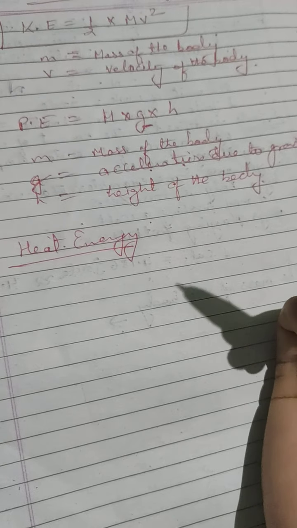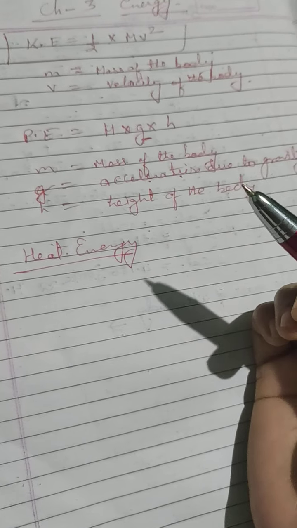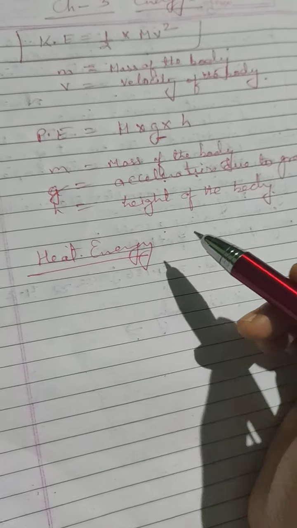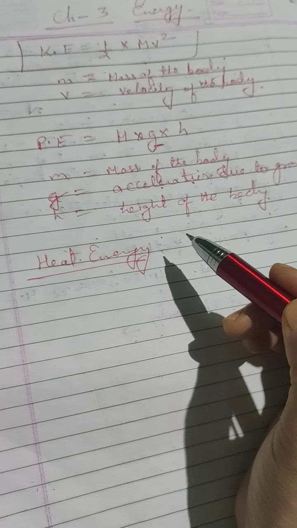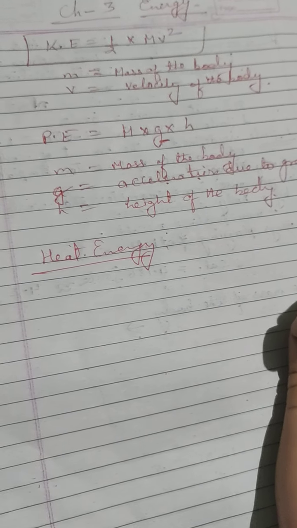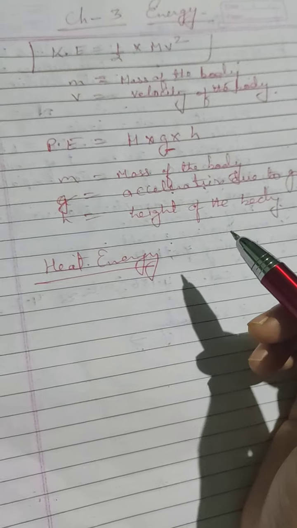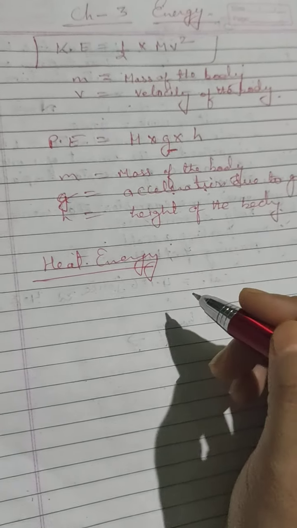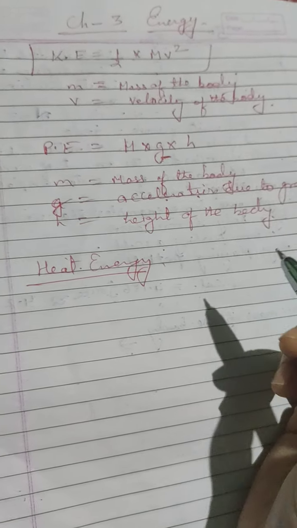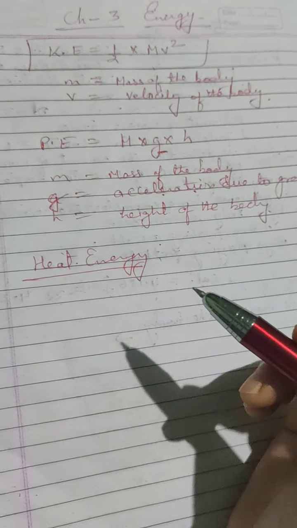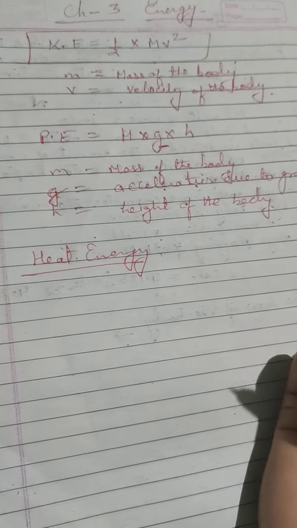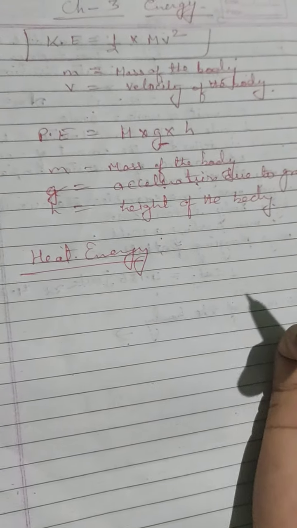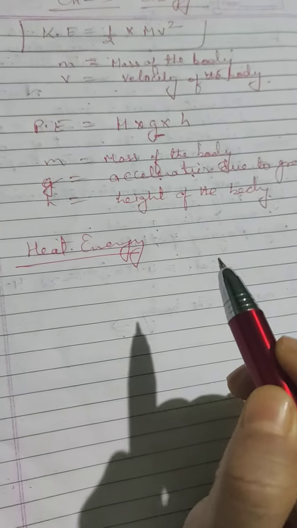When you touch a cold body, you feel cold. So this is a sensation. We get heat energy primarily from the sun, and you know the sun is the main source of energy. Besides, we also get heat energy by burning fuels like wood, coal and petrol. This energy is useful in activities like cooking, generating electricity and running steam engines. The heat energy is also called thermal energy.